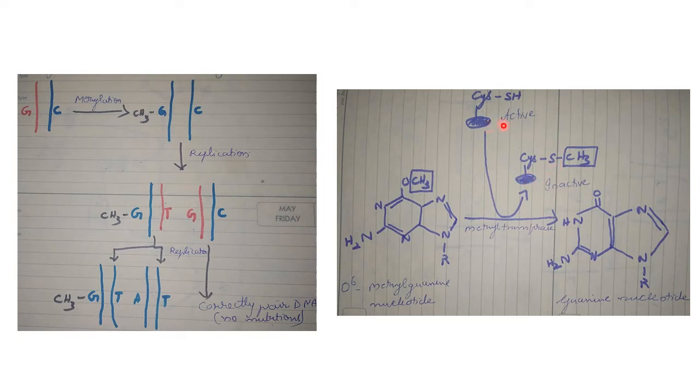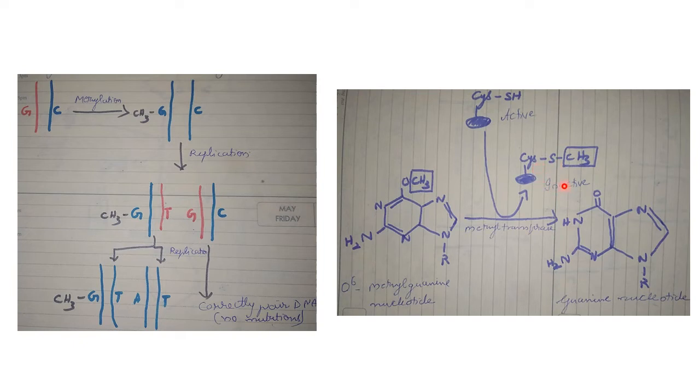I have drawn only a small portion of the enzyme which is required for explanation. I have not drawn the full enzyme, it's not possible. So here what happens is, this methyl group from O6 methyl guanine will be transferred to one of its own cysteine residues. This is the cysteine SH residue of this particular enzyme, and the methyl group is transferred to this cysteine residue, thereby inactivating the enzyme.